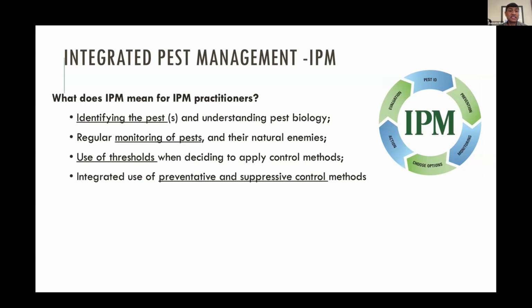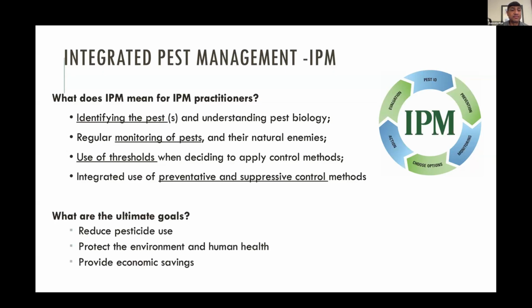If you need to take action, sometimes there are thresholds, other times you go with the information that you generated through your monitoring and then decide the control measures. And then, of course, you use the different control methods in an integrated way. First, put the emphasis on preventative control and then also suppressive control, including insecticide use.